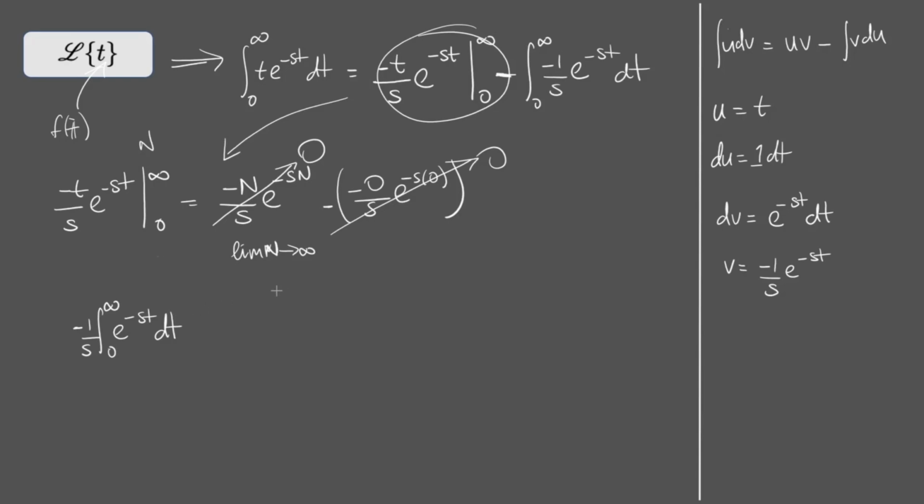We have done this before. That's going to be minus 1 over s. Oh no, it's plus, since we brought out the minus sign. So that's plus 1 over s multiplied by 1 over s. We just did this, and that gives us 1 over s squared. Therefore, the Laplace transform of t, that's time, is 1 over s squared.